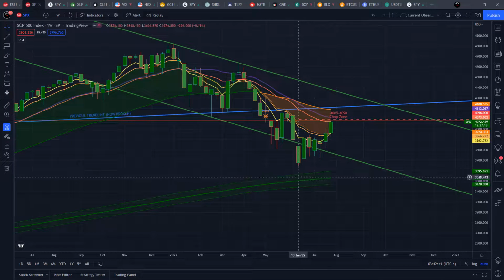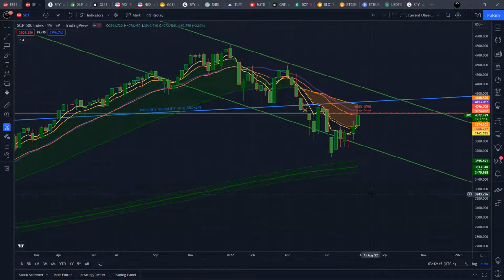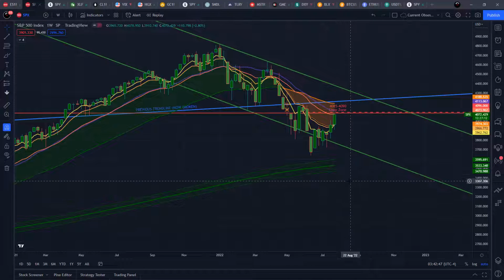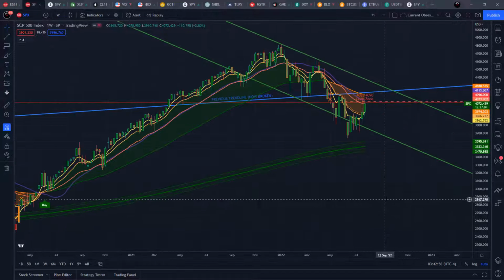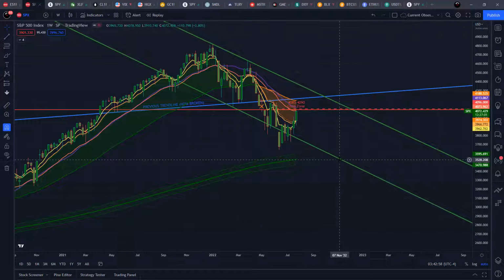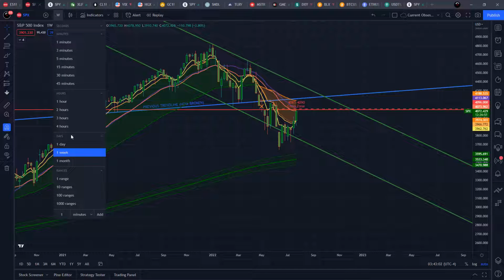We bounced, but to me it wasn't deep enough. But again, I'm still skeptical of the recession that isn't a recession, coming from the same people that told us inflation was transitory. I think we might see down in this area still, but this is again the weekly.